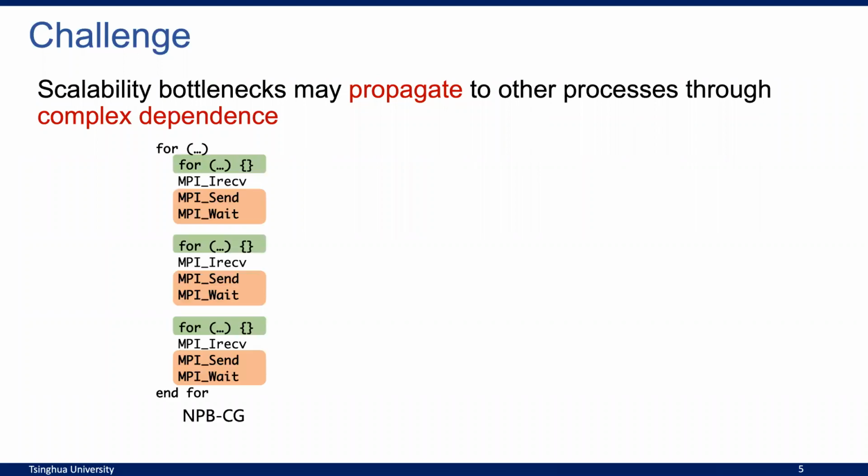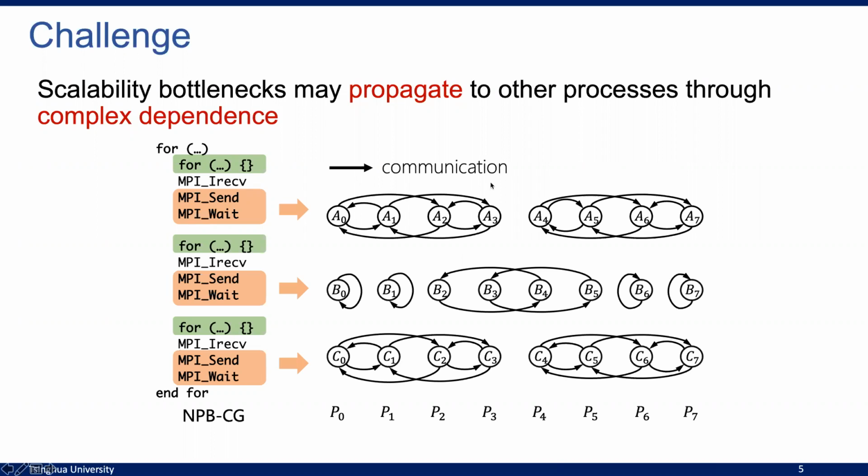For example, this is the main loop of CG in the NPB benchmark. During each iteration, it performs a global synchronization through 3 point-to-point communications. And this figure shows its communication pattern on 8 processes. We further added data and control flow edges in this figure.